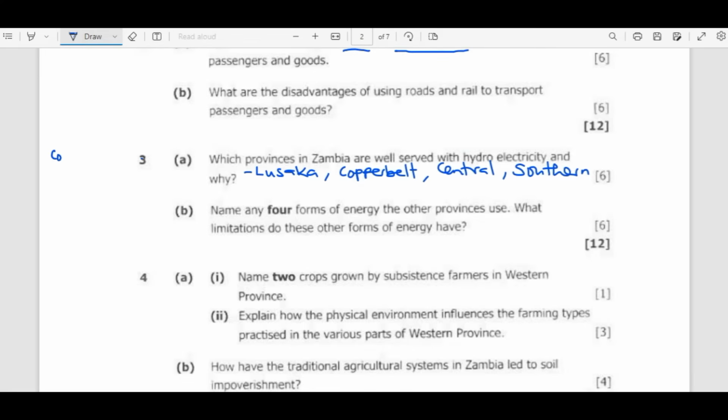So Copperbelt is given much because of industries. Because of industries, those are copper industries.